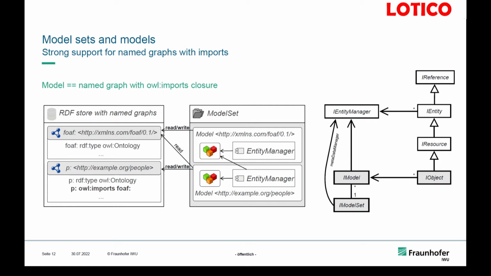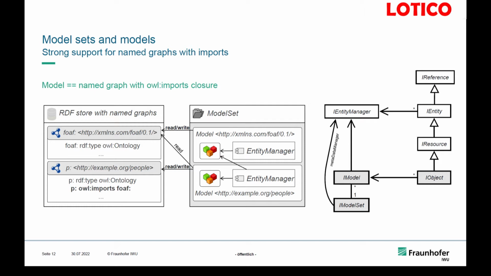Now we have seen that KOMMA can compose interfaces and behaviors, and based on this we also have a layer that allows to work with named graphs. For example, we have an RDF store with some named graphs. For example, a named graph for the FOAF vocabulary and another named graph for describing people that imports this FOAF vocabulary.